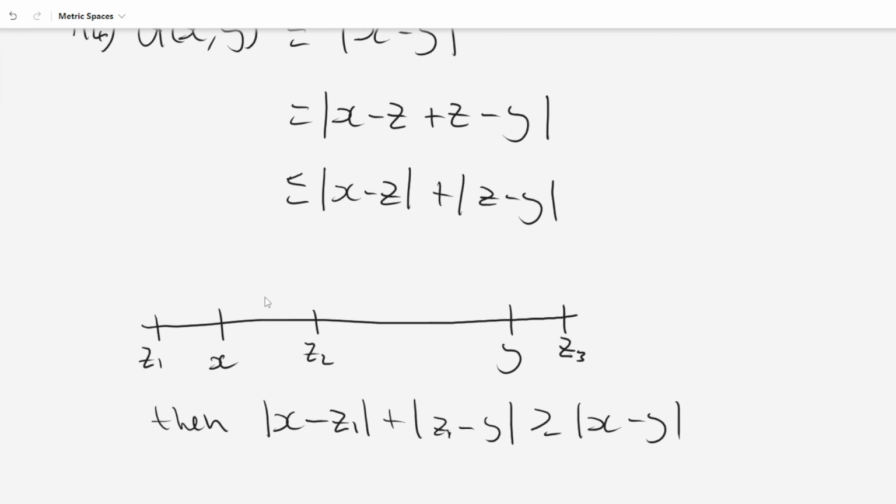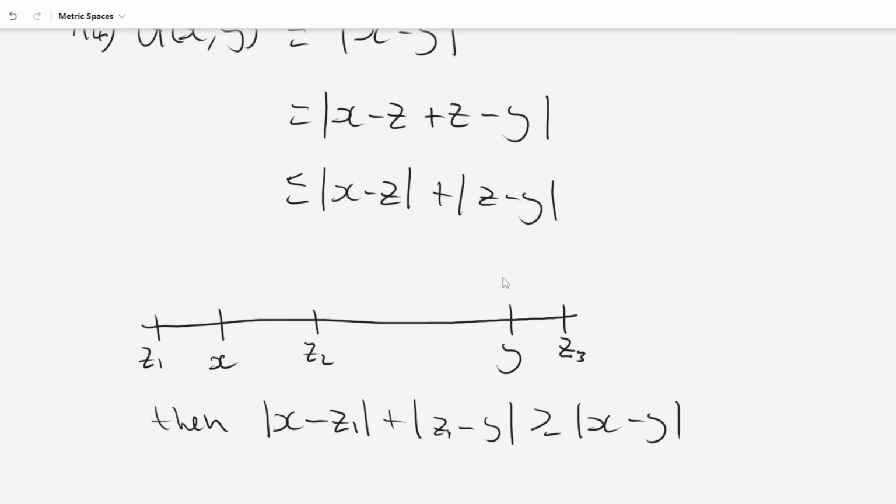And in all 3 cases, if I take the absolute distance between these 2 points and the absolute distance between z1 and y, then the addition of those 2 will obviously be greater than the absolute distance between x and y. If I take a value between them and I add the absolute distance between these 2 and the absolute distance between these 2, it will actually be equal to the absolute distance between x and y.